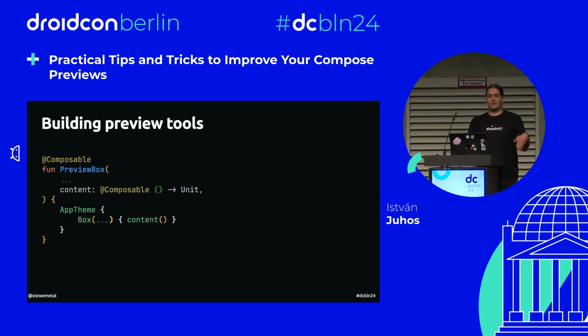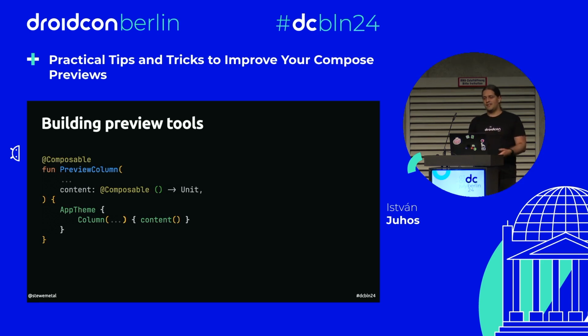Okay, of course, if we can do preview box, we can do preview column as well. The box is designed to hold one or more components, of course, but they will be rendered on top of each other. But if we want to add multiple things inside a preview to preview them, we can create a column and just list those composables and have them rendered right below each other.